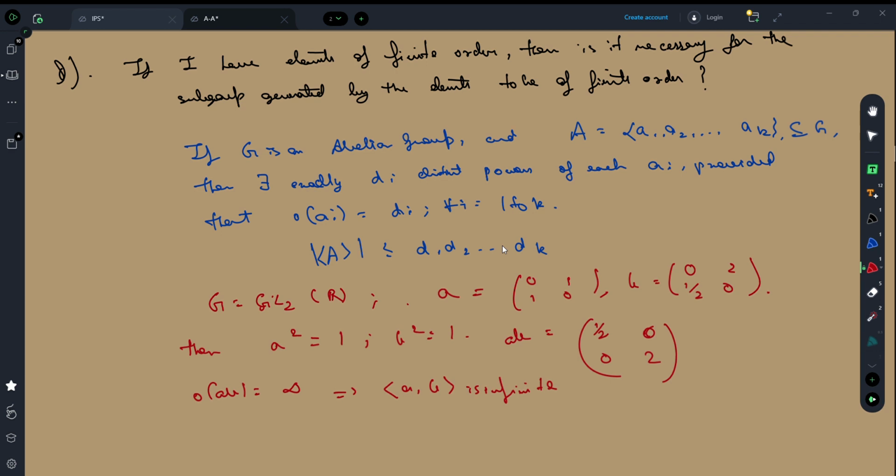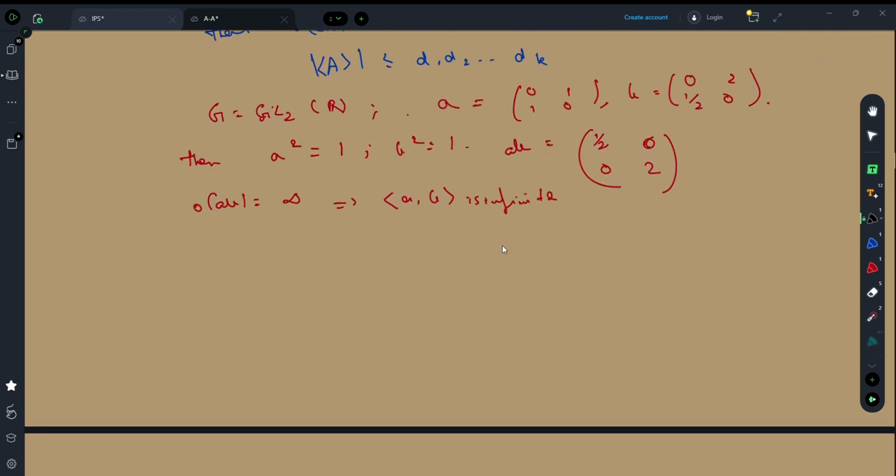Because if I consider this, then it will contain products of this form as well. Okay. But a and b are individually of finite order. So it's not true in general, but if every element is of finite order in case of an abelian group, then it's true.